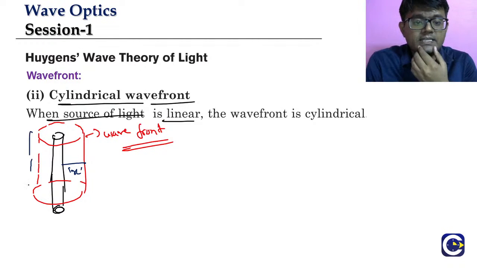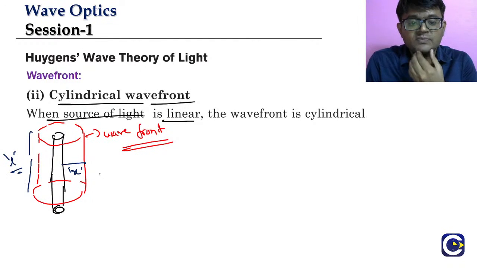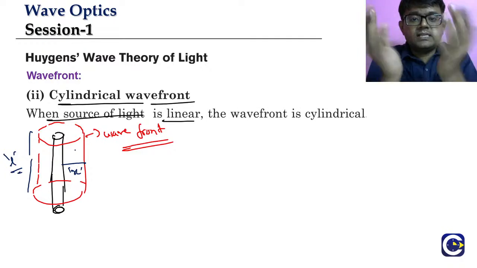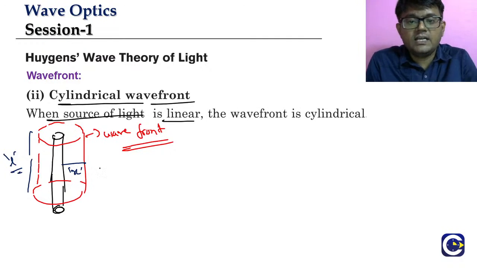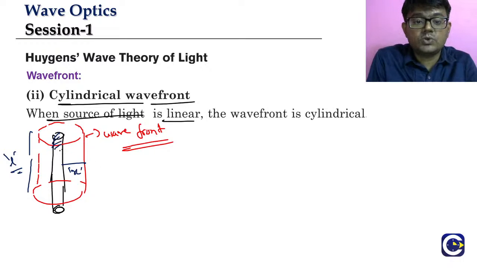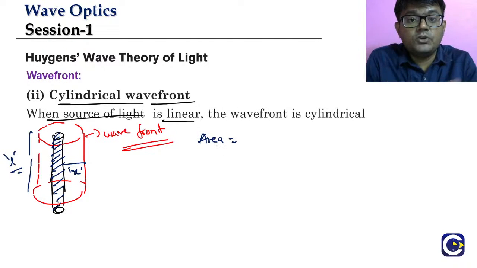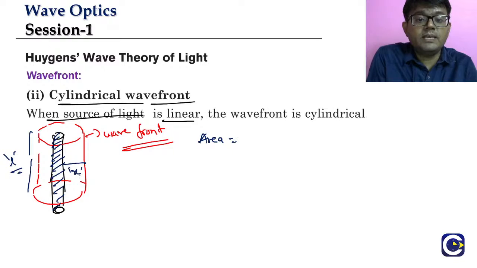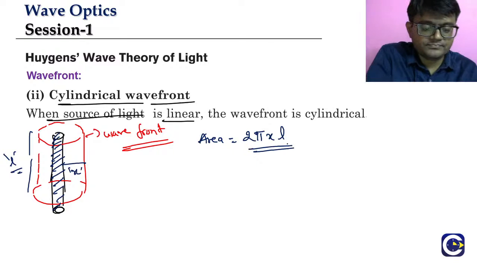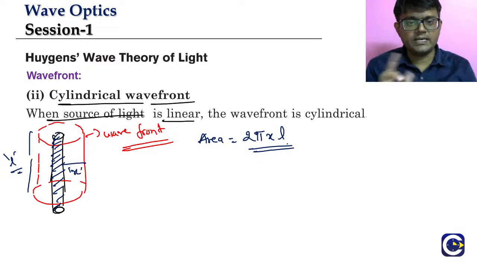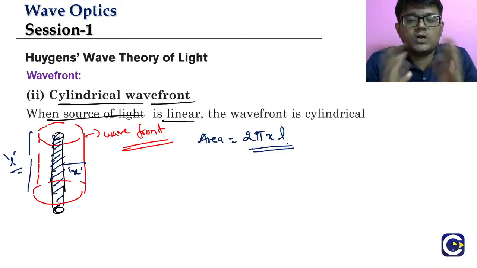If we consider the length of the cylinder to be L, then what is the total surface area on which the power produced by the source is incident? It will be the cylindrical area, 2 pi RL. Here the radius is x, so the surface area is 2 pi x into L.